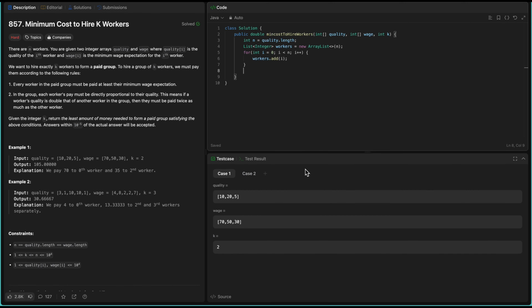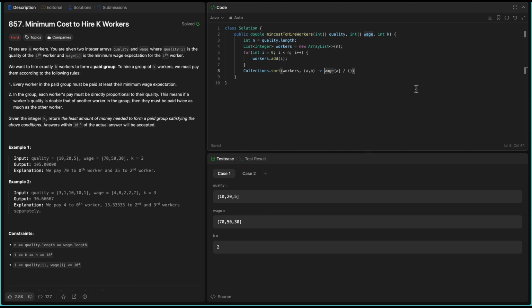Right now we have to sort these workers based on the unit price, right? So what we can do is say collections dot sort, and I can pass this workers list, and I can create a new comparator, right? So I can say a comma b, because we are dealing with index. So we have to say wage of a divided by quality.